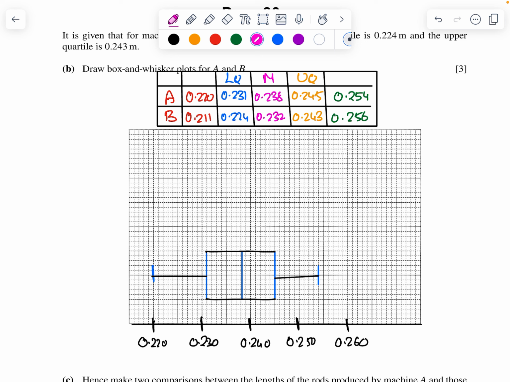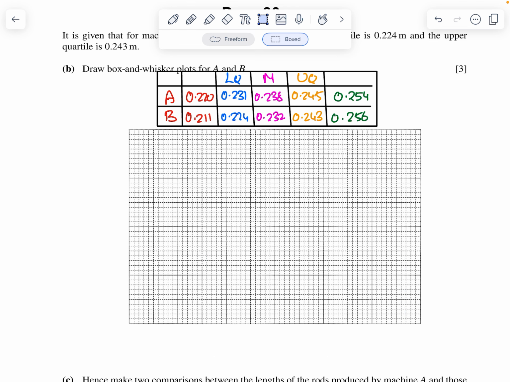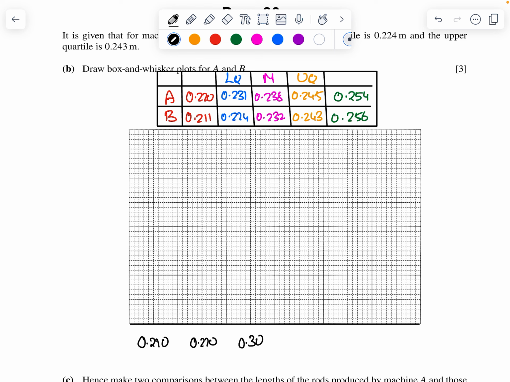So basically we should have started over here. We should have started with 210, 220, 230, 240, 250, 260.